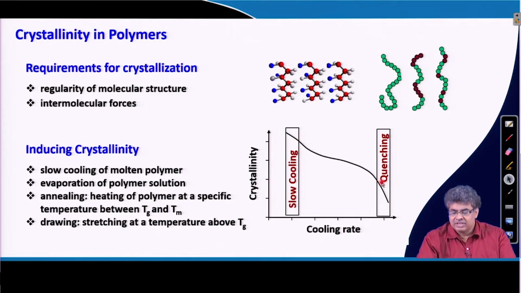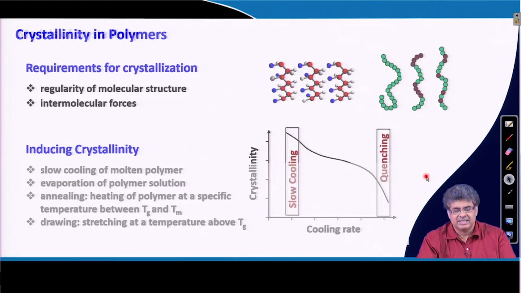But if we quench the polymer, for example in the injection molding or extrusion process, when we cool the polymer melt very fast, then we are not providing enough time, which means the extent of crystallinity is much lower compared to slower cooling. So, if we slow the polymer melt cooling process, we induce more crystallinity in the sample.